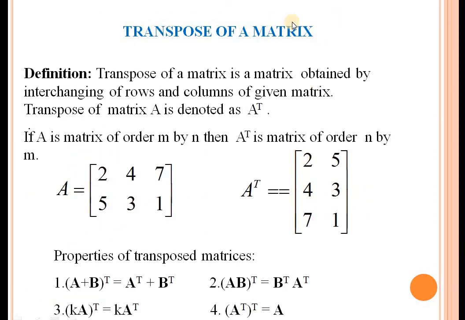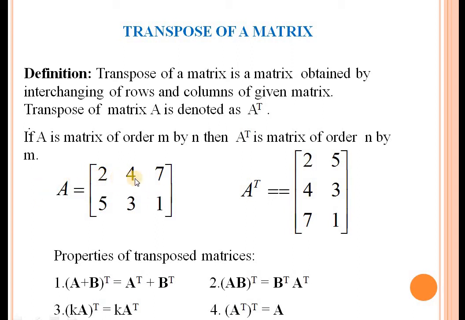Next we see transpose of a matrix. So what is the transpose of a matrix? A matrix obtained by interchanging its rows and columns. Transpose of a matrix is the matrix obtained by interchanging rows and columns of the given matrix A. If A is the given matrix, its transpose is denoted as A transpose. For example, A is a given matrix of order 2 by 3.